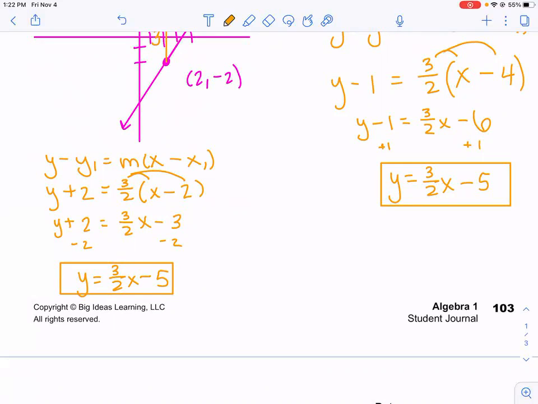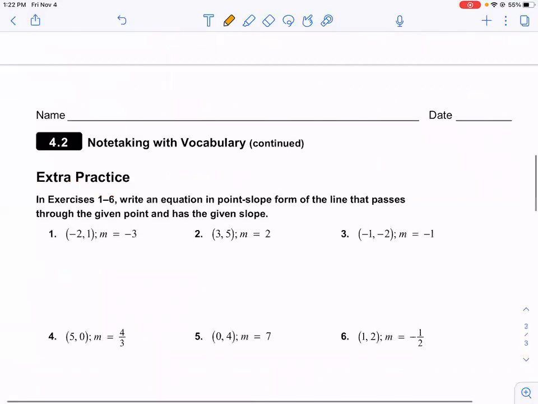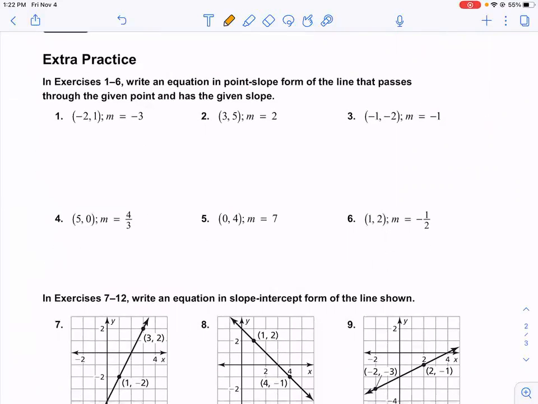Okay. So this is what I want you to do. I want you to turn to, yes, and I want you to write me number 1. I want you to write it in just point slope form.